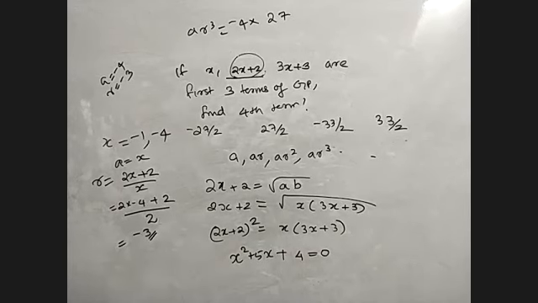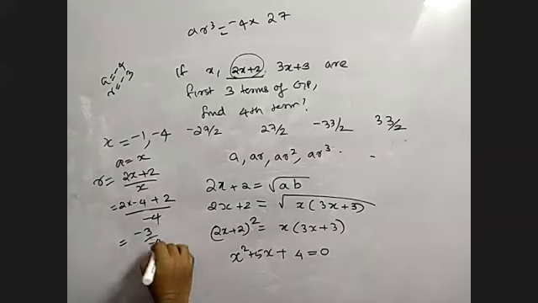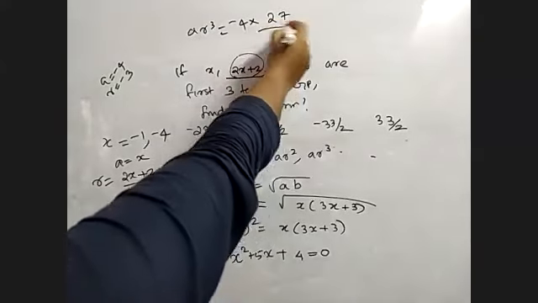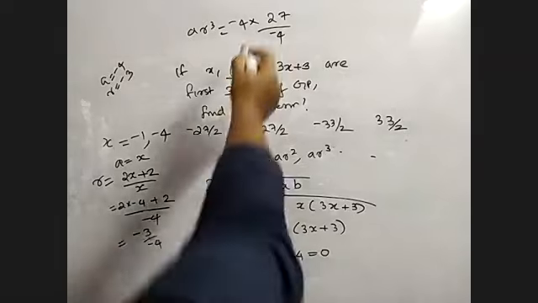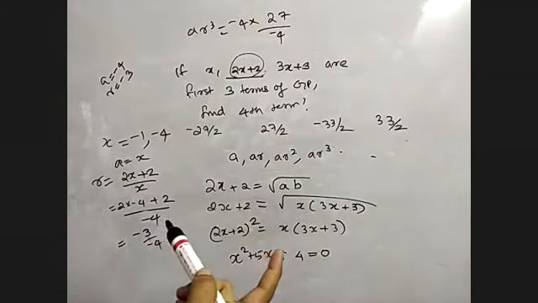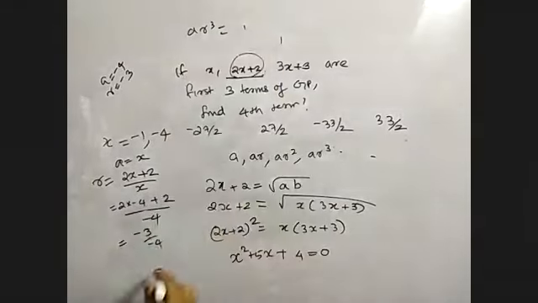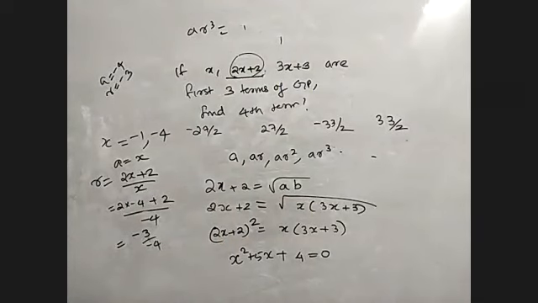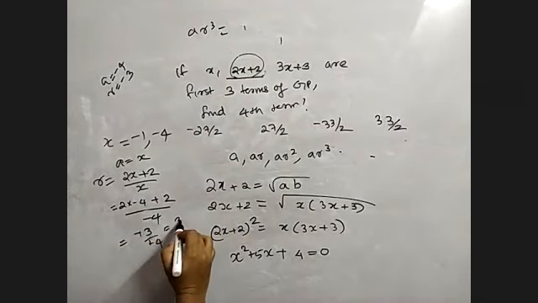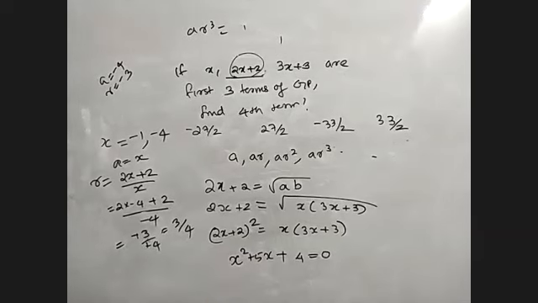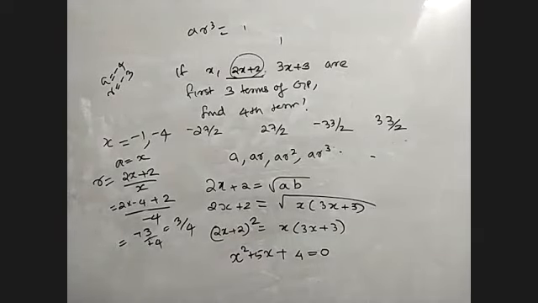Excuse me, ma'am. Yes. Ma'am, for R, why have you taken the denominator as 2? Shouldn't it be negative 4? Yes. That is a mistake. Yes, correct. So that's why I was checking. Here there should be minus 4 coming. Is it 3 by 4 or 3 by 2, ma'am?